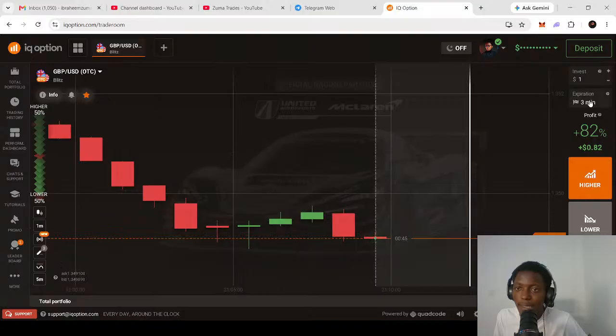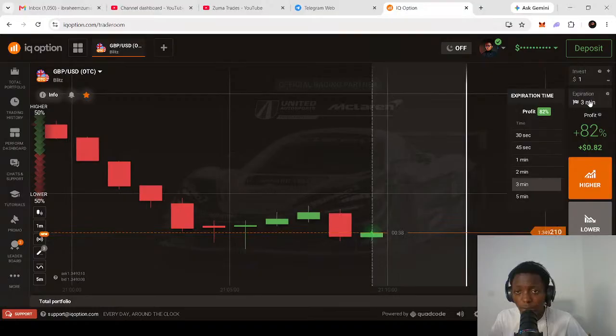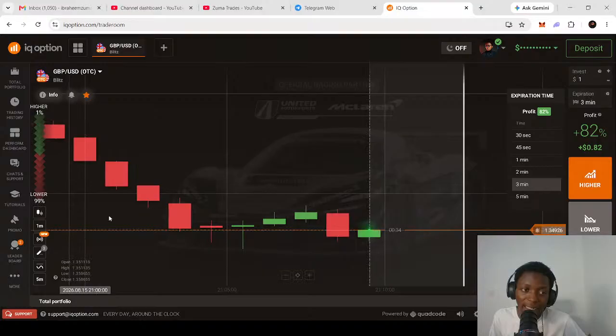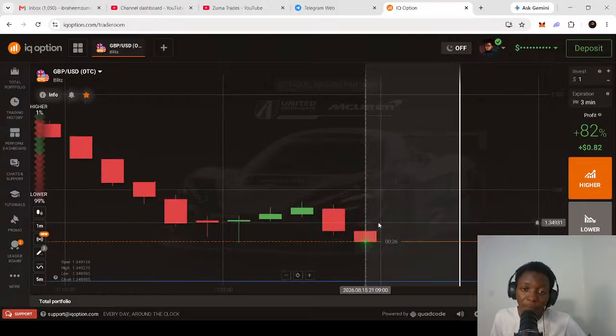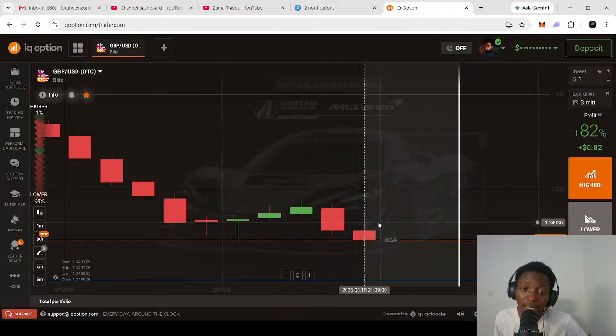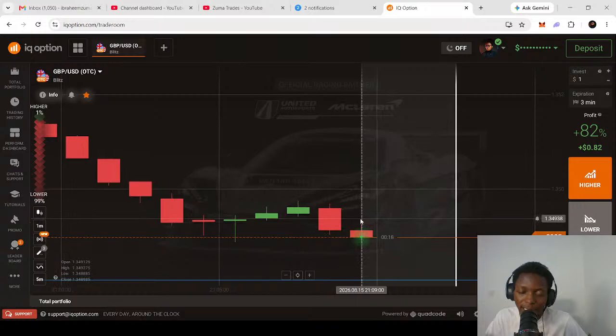It's very important for you to understand the difference between the two. The candlestick time is how long it takes to close a candle and open a new one, while the expiration time is how long your trade takes before it closes, and it will close automatically because this is binary options, of course.